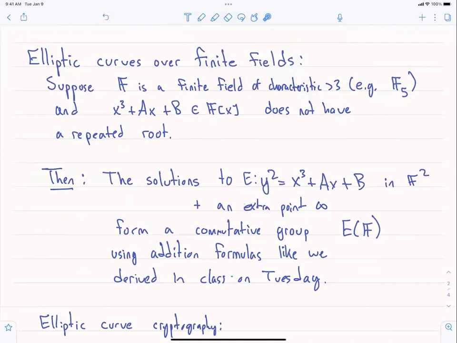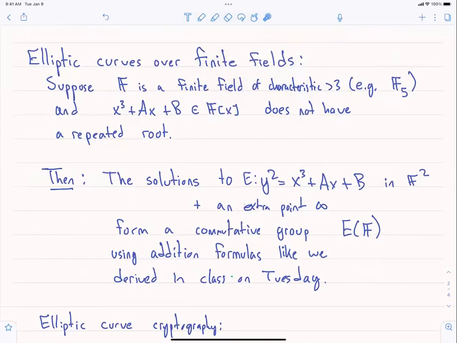But somehow it's okay because we saw on Tuesday in class, you could take this geometric definition and literally just write down equations for the group law. So you took in the coordinates of one point and the coordinates of another point, and you wrote down just a formula for the coordinates of the new point you get by adding them together. And if you go back and look at those formulas, you'll see that starting with the coordinates, you just add and multiply, you add and divide, but you never do anything else.